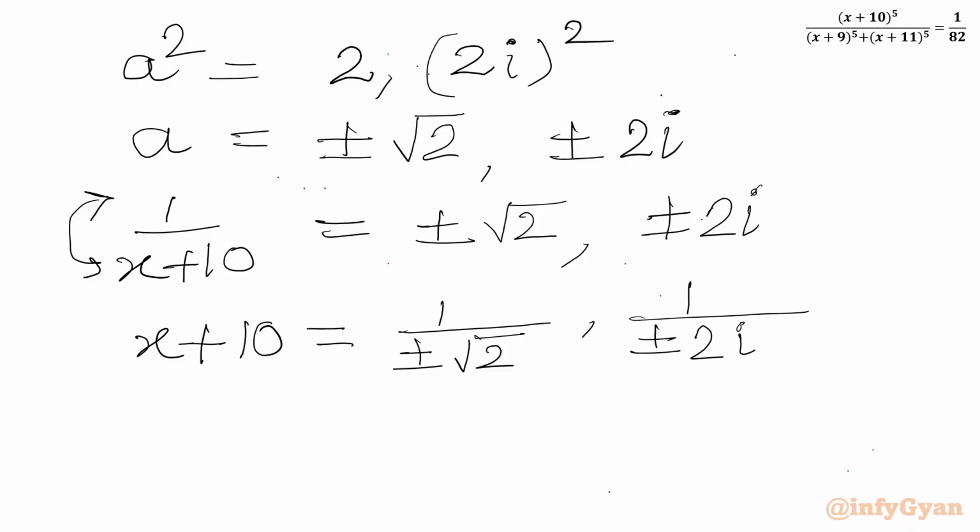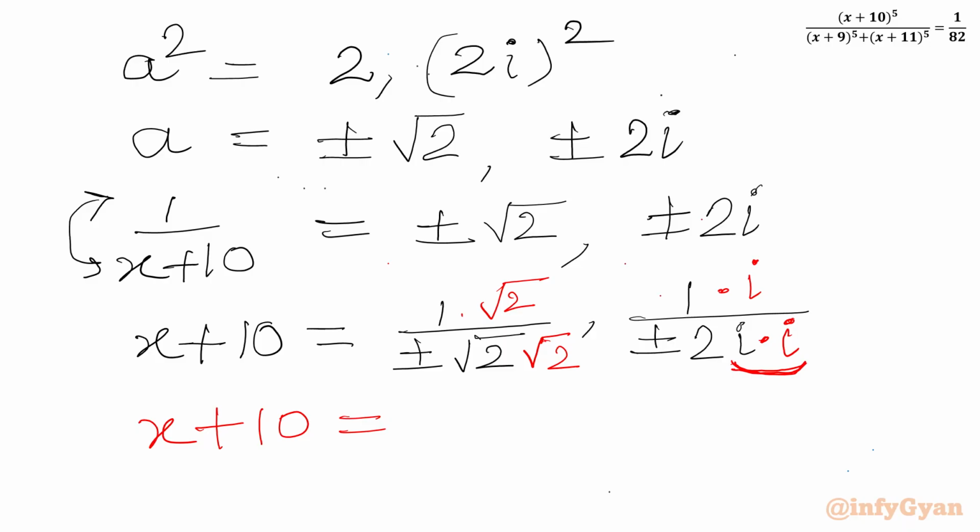Now I will multiply here for the second solution by i in the numerator and in the denominator. Now we know that i square is negative 1. So I can write x plus 10 will be, and here I will multiply numerator and denominator by square root 2. So we will be writing here plus minus root 2 over 2.